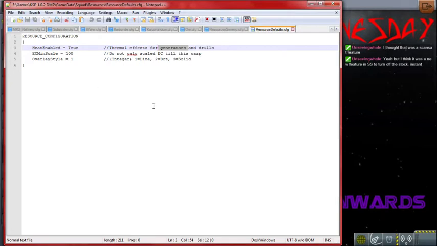So, taking a look back at the resource defaults, 2 other values. EC min scale basically says do not calc scaled EC till this warp.